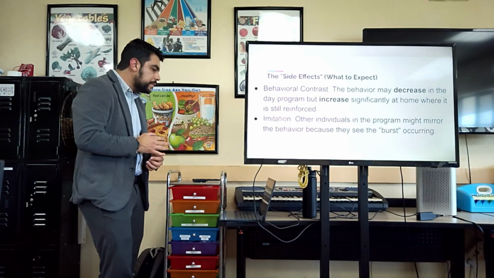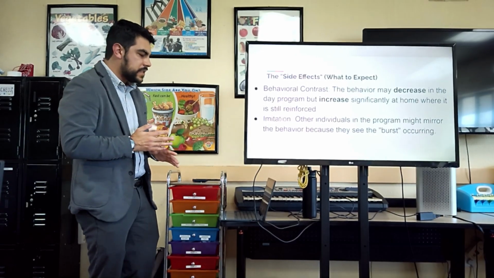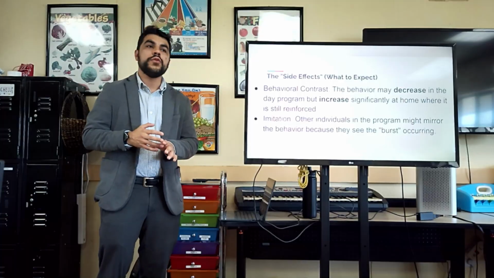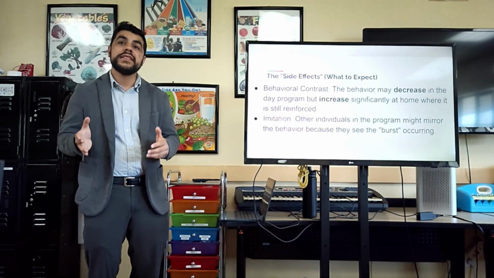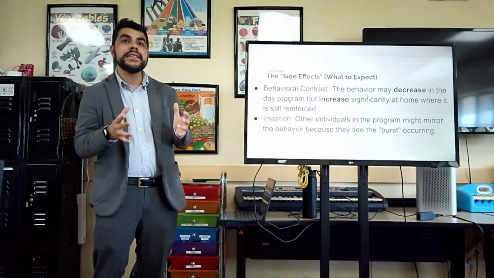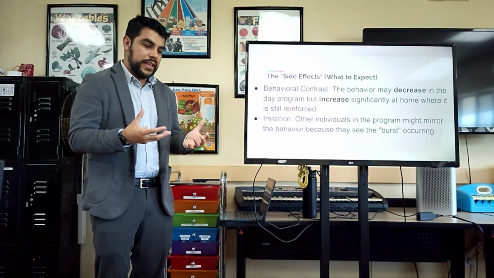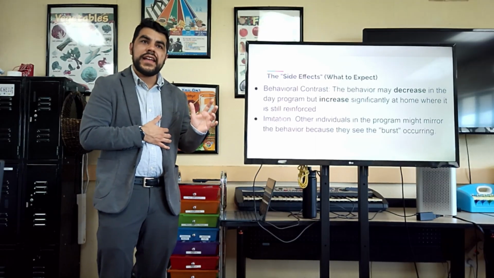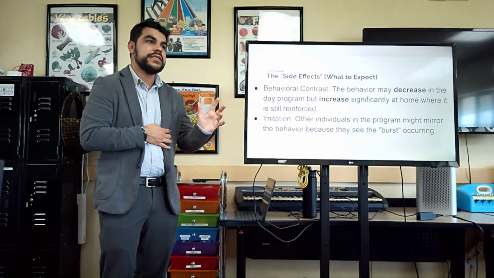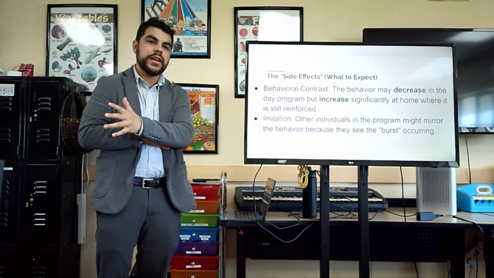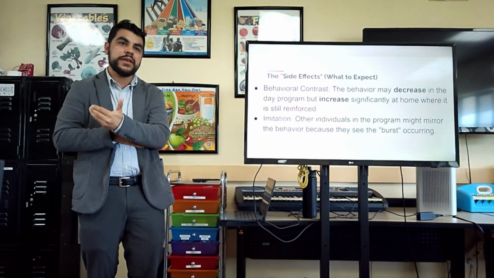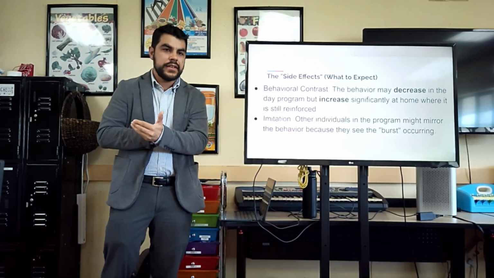And then something else too, something called behavior contrast. This is where in one setting, extinction may decrease, but because that individual is no longer getting access to reinforcement in that setting, that acts as an establishing operation to get it from an area or a setting where they are still able to access that reinforcement.